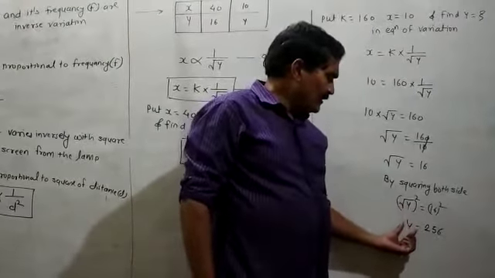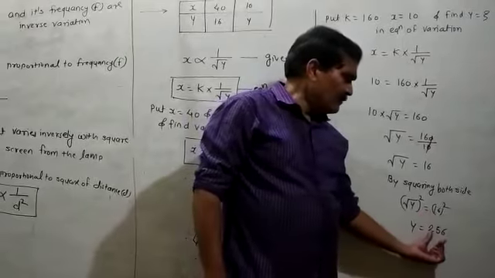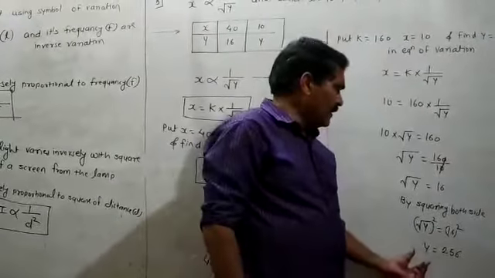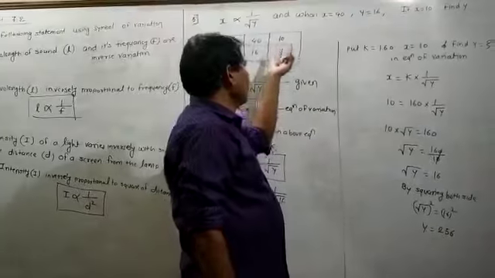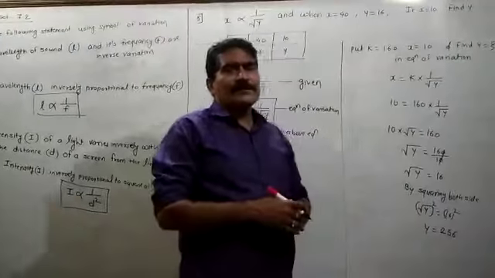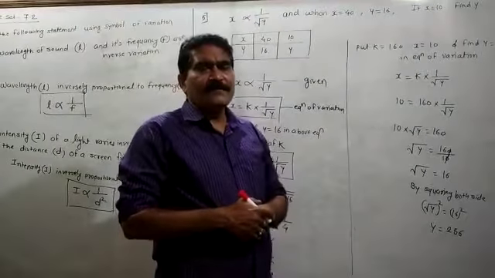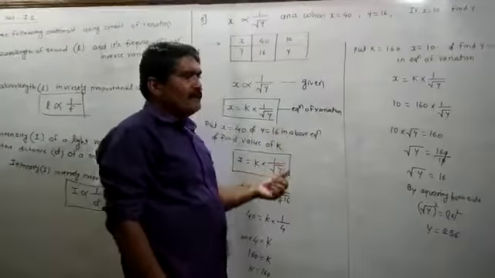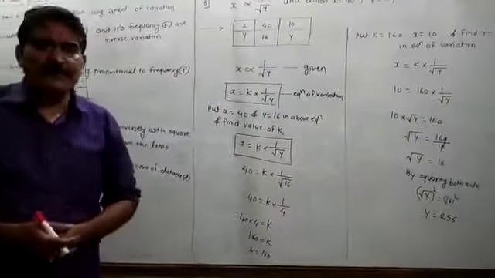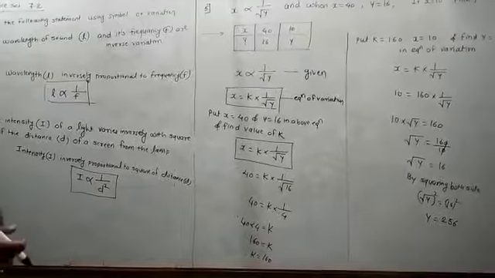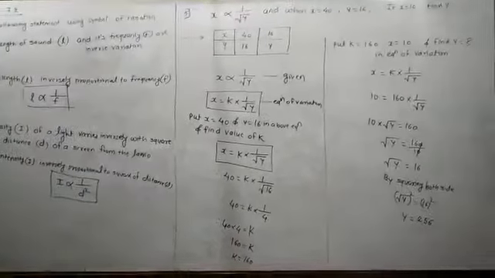At that time y is equal to the square of 16, which will come to 256. In this way, when x is equal to 10, y is equal to 256. In this way, you have to solve this inverse type of variation problem. So write all these things in the classwork notebook. Thank you.